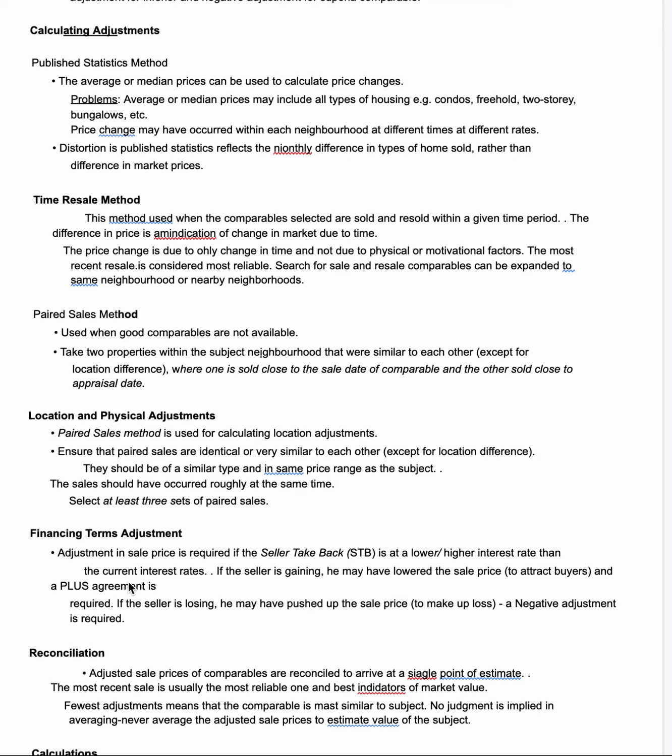For the published statistics method, you can look at the local real estate board published statistics. For example, the average house price sold on August 30 was $225,000. The average sold price in May was $250,000.